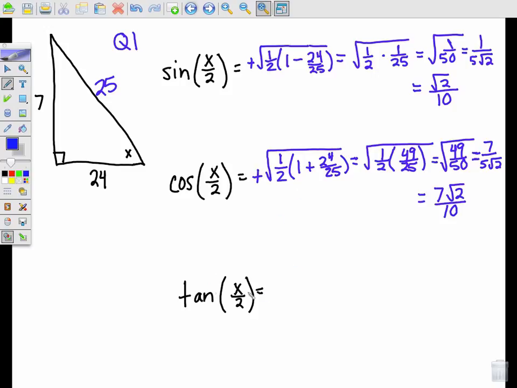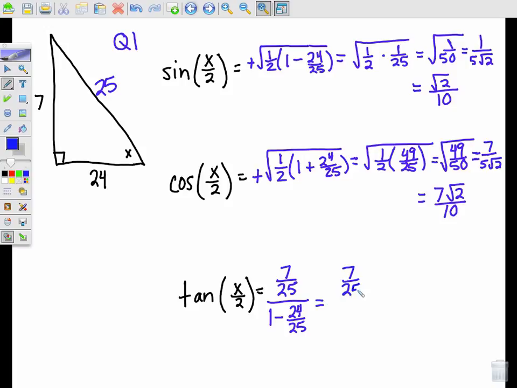All right, tangent. For my tangent formula, I'm going to use sine theta over 1 minus cosine, and that would be fine. So my sine of x is 7/25 over 1 minus cosine, and cosine is 24/25.